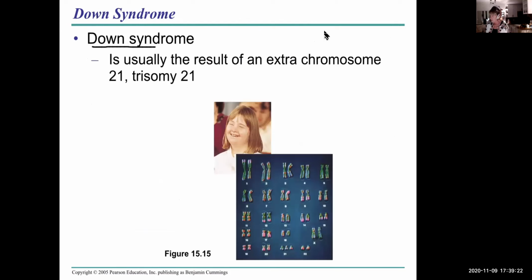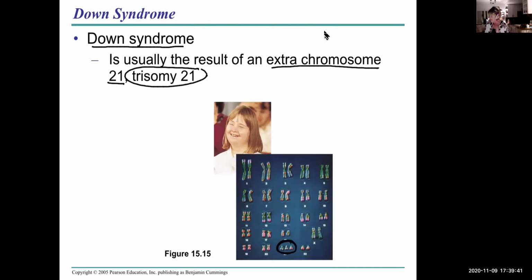Down syndrome is a result of an extra chromosome 21, called trisomy 21. So down here, there are 3 chromosomes instead of 2, due to nondisjunction.